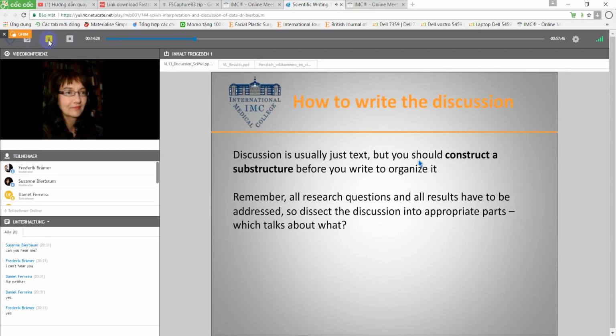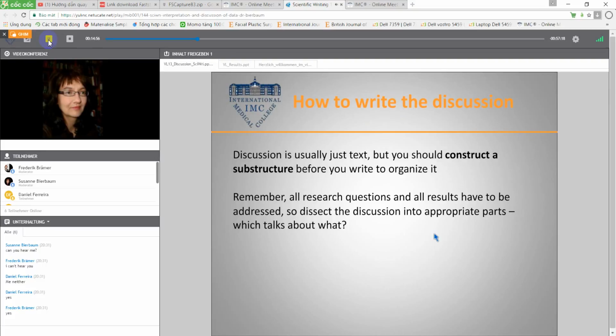of the thesis, because I keep telling you, you have to use your results to answer your thesis questions in the discussion. Obviously, that means you have to take every thesis question and answer it in the discussion. So that is already kind of a natural substructure. Use them. And if you don't have research questions, which is often the case in experimental thesis, you might have a hypothesis in there.